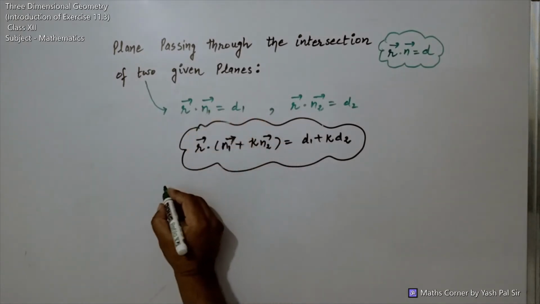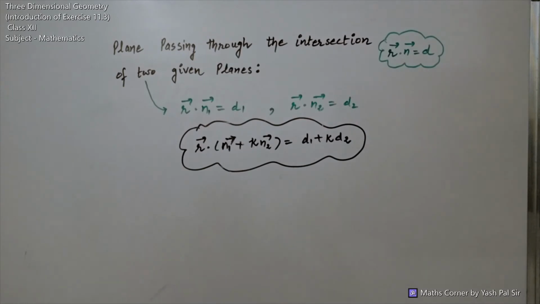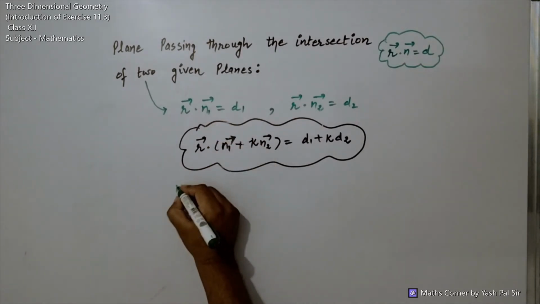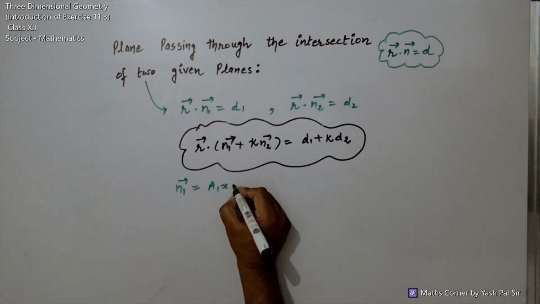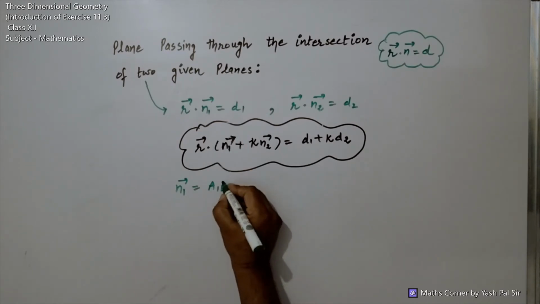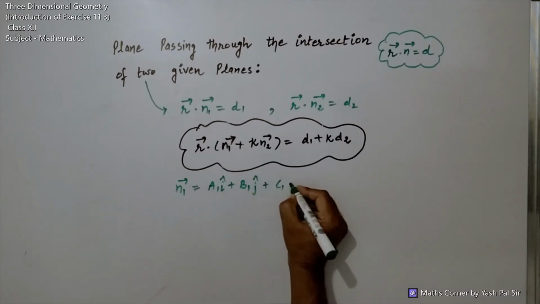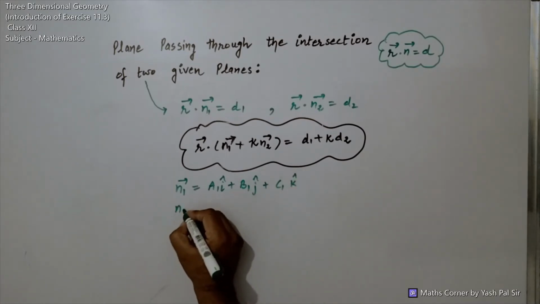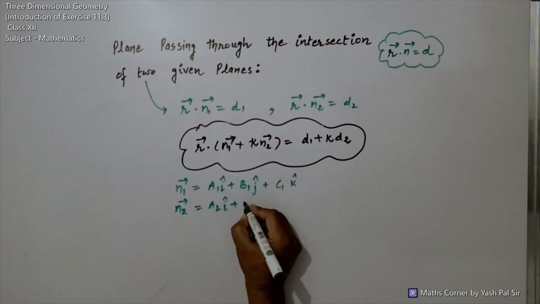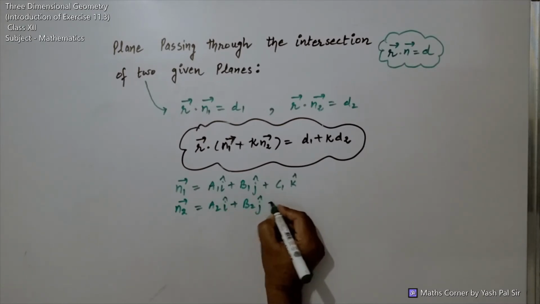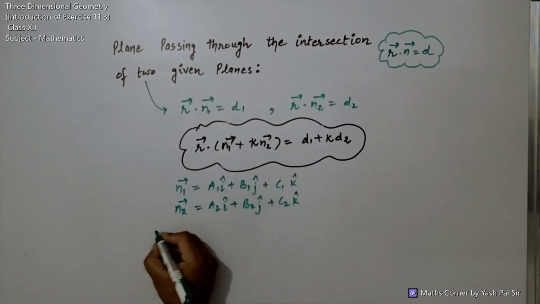Also in Cartesian form, how can we see it? Two planes are given. We take n1 vector to be equal to a1 i plus b1 j plus c1 k. Similarly, n2 vector we take a2 i plus b2 j plus c2 k.